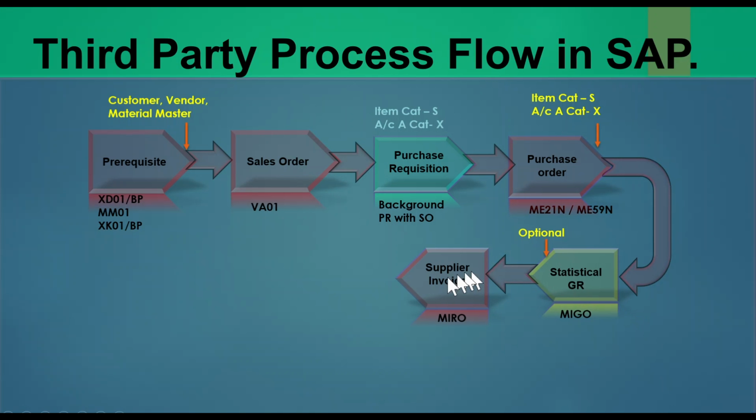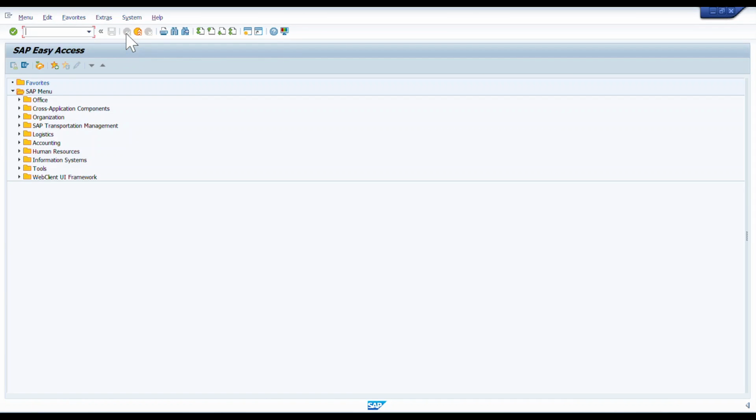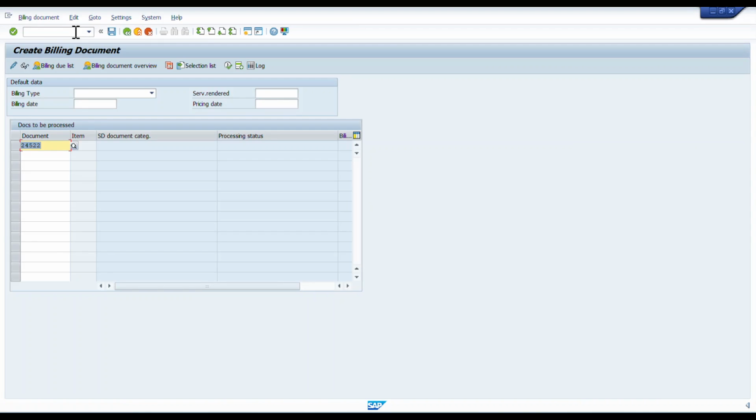Then once we have done the invoice, next is vendor payments, which will be taken care of by the finance team, but we can check the billing document as well in VF01. This is the SD sales side, but I will show you how to do that. So go back, run VF01 and provide your sales order number. So that is mine, press enter.